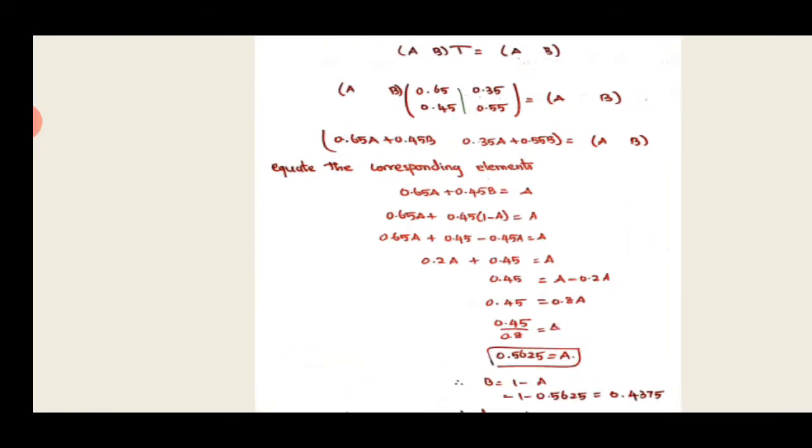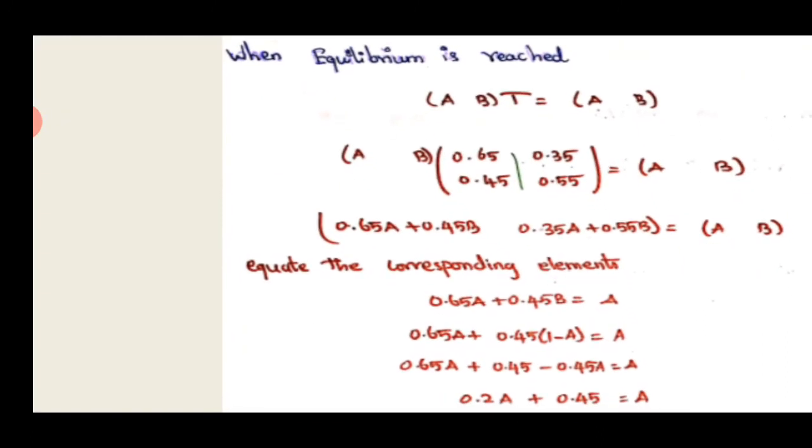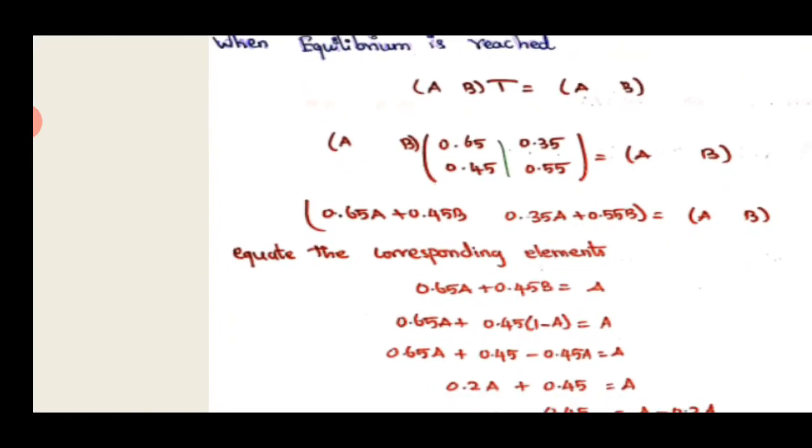So now I'm going to multiply. Take the AB value and multiply with the first column. So A with 0.65 is 0.65A plus B with 0.45 is 0.45B. Now AB matrix I have to multiply with the second column in T. So A with 0.35 is 0.35A plus B with 0.55 is 0.55B equal to AB.